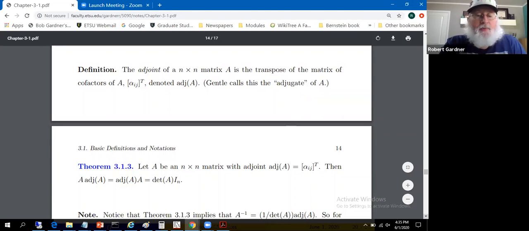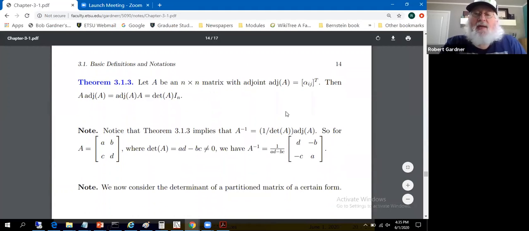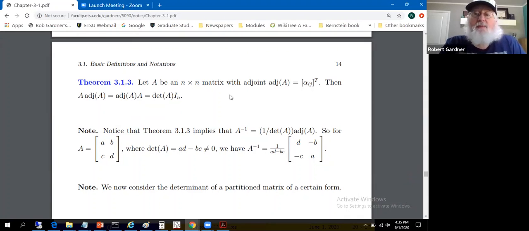And we have a little relationship between the adjoint of a matrix and the matrix itself, given as follows. Let A be an n by n matrix with adjoint given by the transpose of the matrix of cofactors. Claim is matrix A times the adjoint of A equals the adjoint of A times matrix A, it's commutativity, equals the determinant of A times the identity matrix.